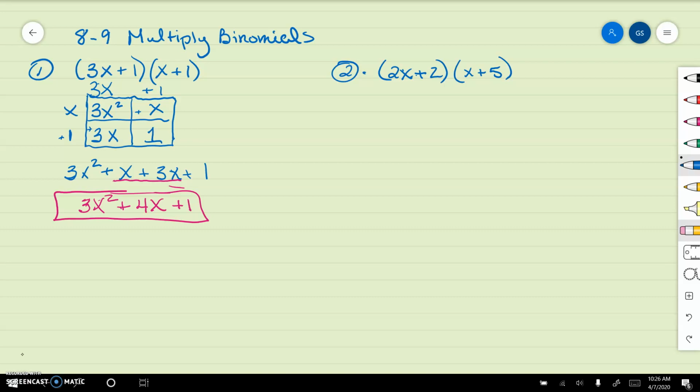You guys are going to be pros at this. Cut the box in 4. 2x and 2 go on the top. You could put a positive 2 if you like. X and positive 5 go on the left. So you have 2x times x, which is, well, x times x is x squared. 2x times x is 2x squared.